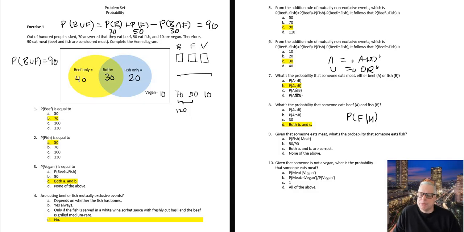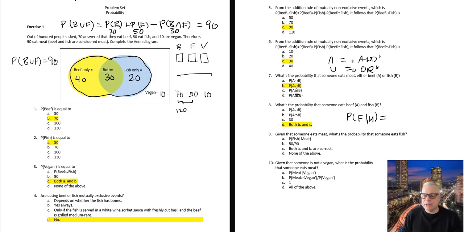Okay, so given that they eat meat, that limits everything to the 90. 90 people eat meat, either beef or fish, so that's the union, and we have to subtract the intersection, but 90 people eat meat.